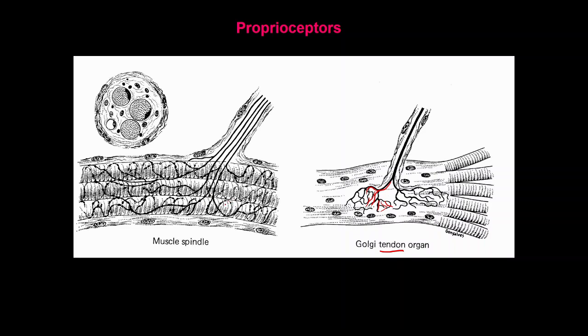Yes, so when there is a stretching, your spinal cord will be like, oh, there's a stretching, we need to do the contraction. So the spinal cord will then send the signals to the extrafusal muscles to contract. So it's very active proprioception.